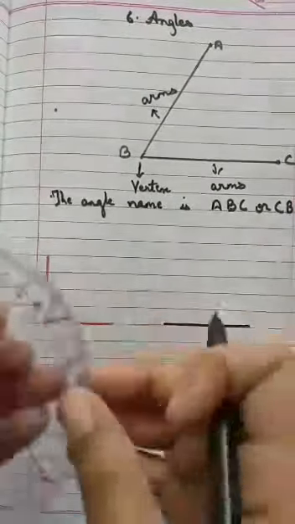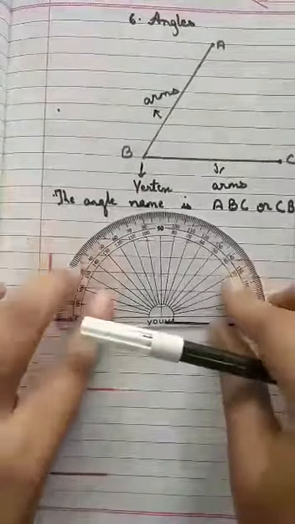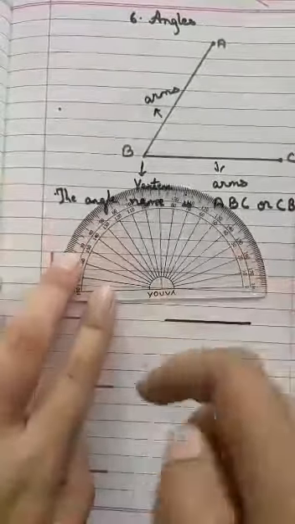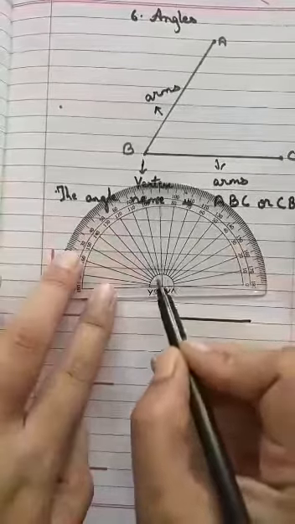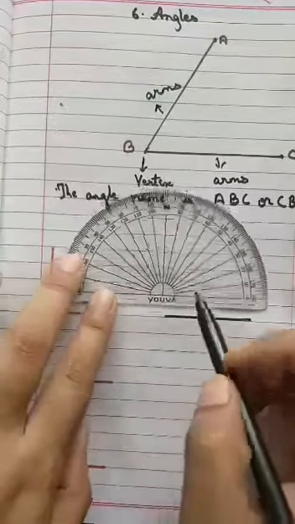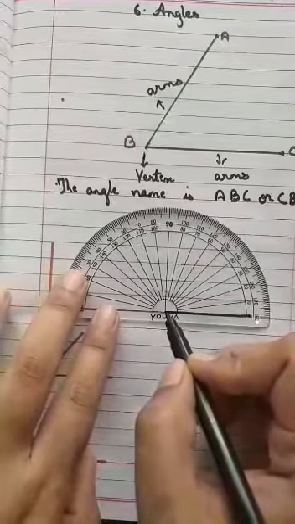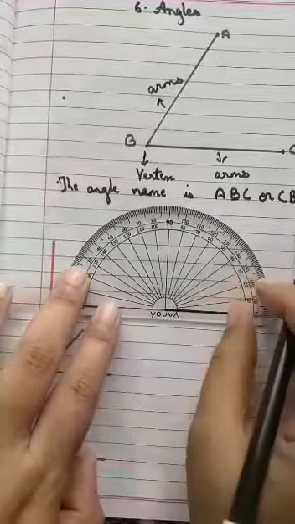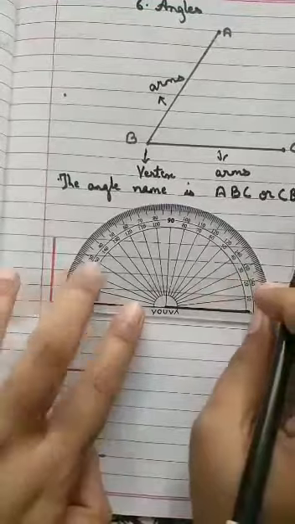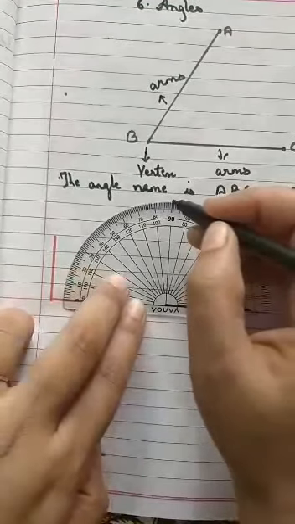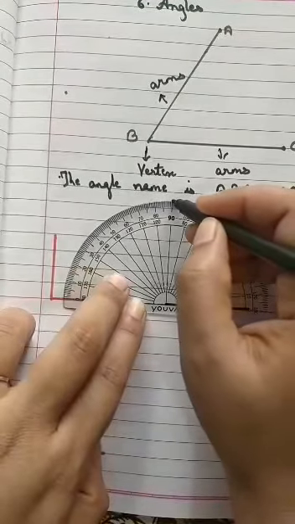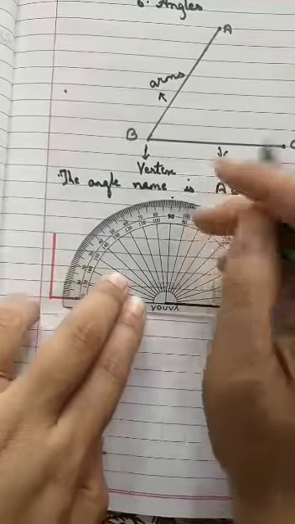This is one line. Then I have to take the angle. Here you can see a small d. This is the first line. So here I am going to take the protractor. This is the center. Understood? So I'll take the protractor center here, and I'll put the point here, that is 90 degrees.